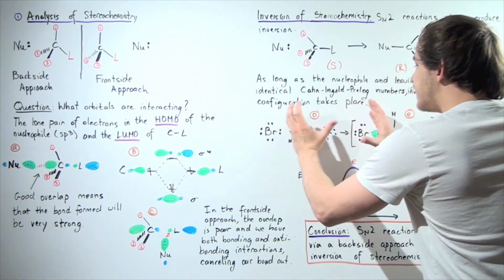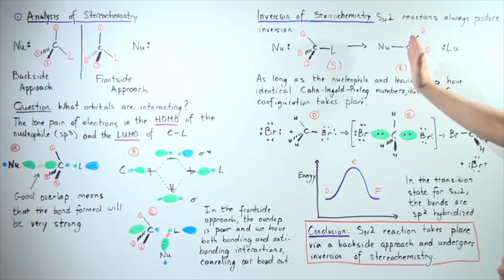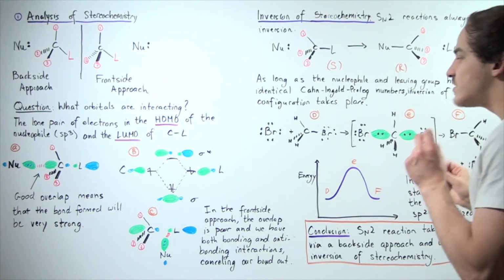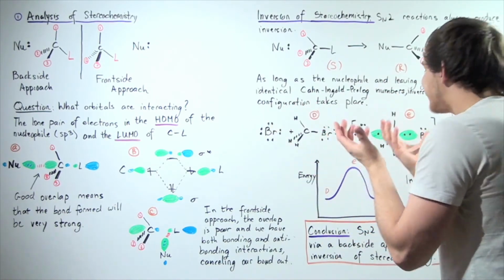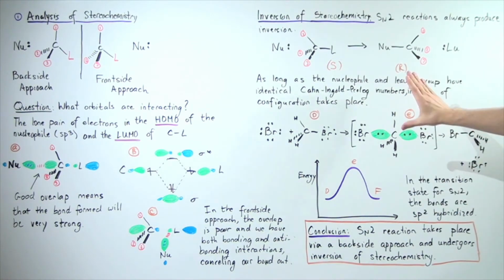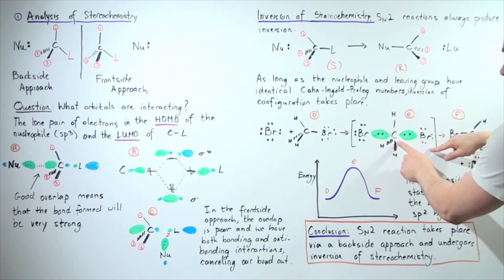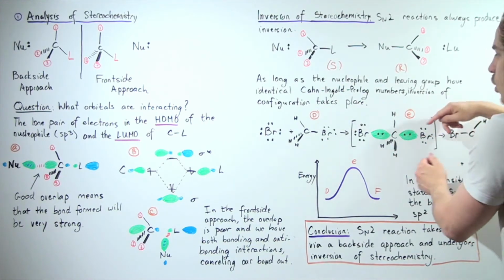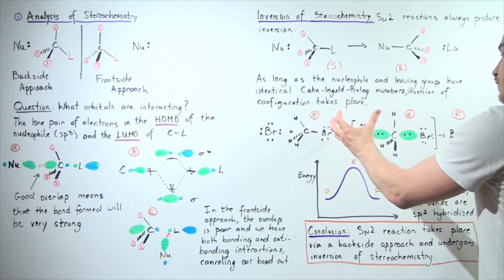So right in the middle, we have a symmetrical configuration. In other words, as long as the leaving group and the nucleophile are the same exact atoms, we're going to have a symmetrical depiction like so. So our bond between the carbon and bromine is beginning to break, while our bond between bromine and carbon on this side is beginning to form.